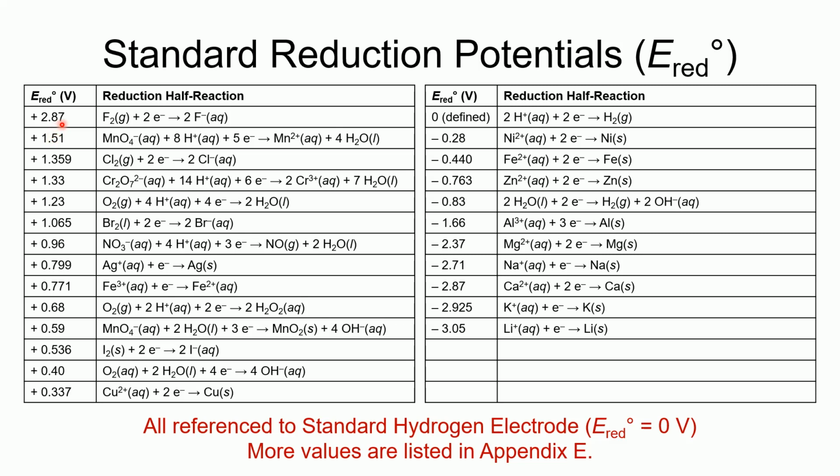Like I said, we can use this as a way of calculating what the standard cell potential is. Now, in doing this, we need to have some point that was arbitrarily defined as 0.